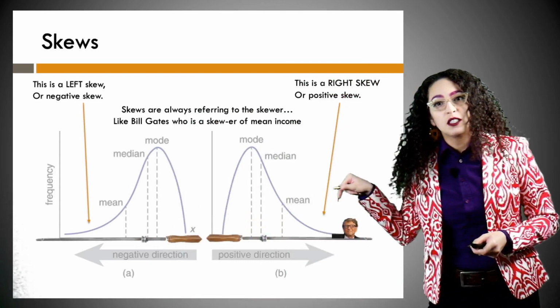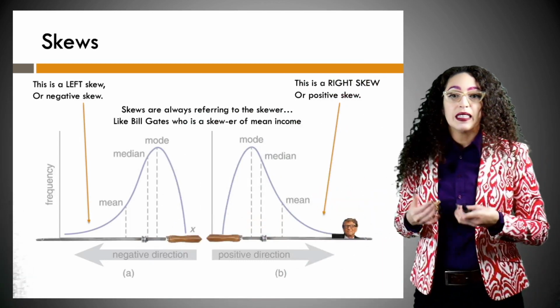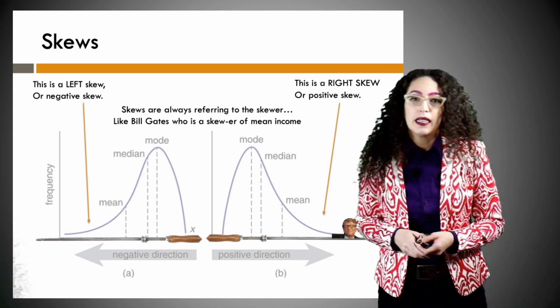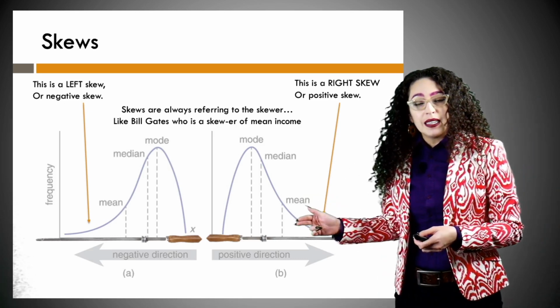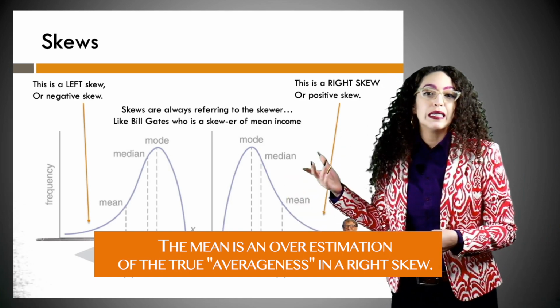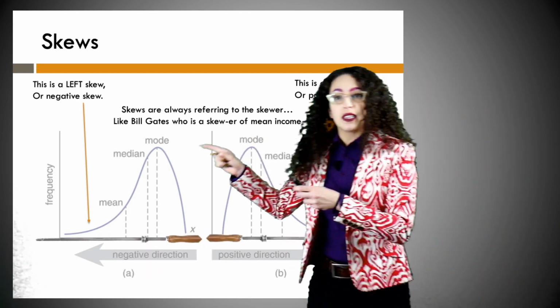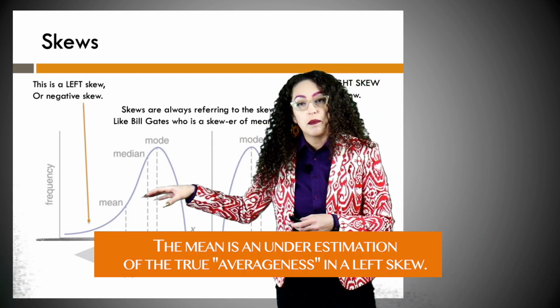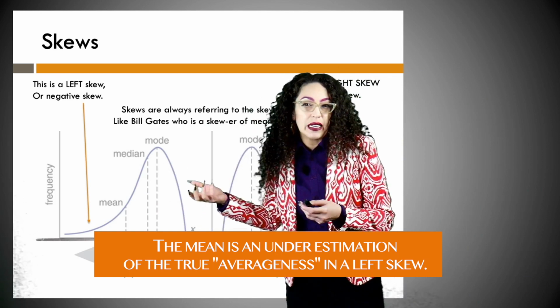Bill has skewed everything this way. This is called a right or a positive skew because it's going to the right. And in this case, the mean is going to be greater than the median. So the mean is going to be over-representing the average. Again, with the left skew or negative skew, it's going to be the mean that is under-representing the average.